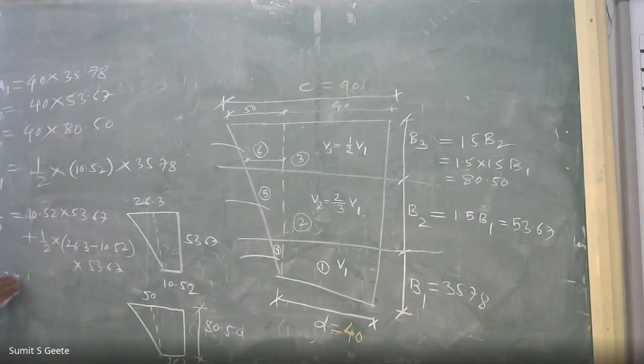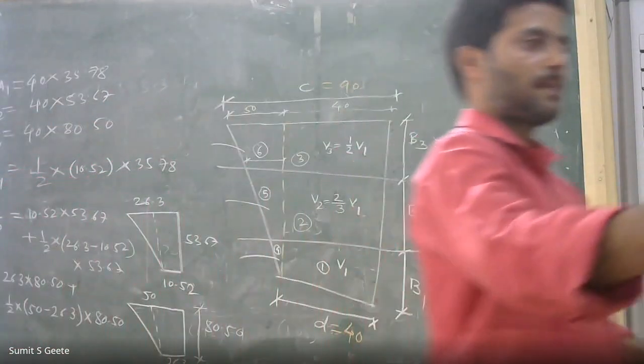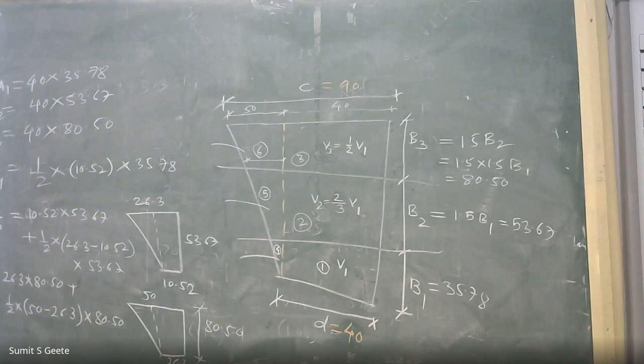So 26.83 into 80.50 plus half into base, that is 15 minus 26.83 into 80.50, right? Now you have A1 to A3, B1 to A3. Clear?